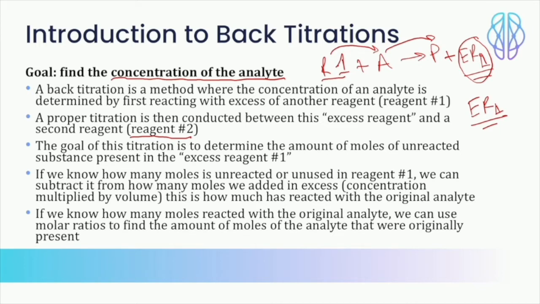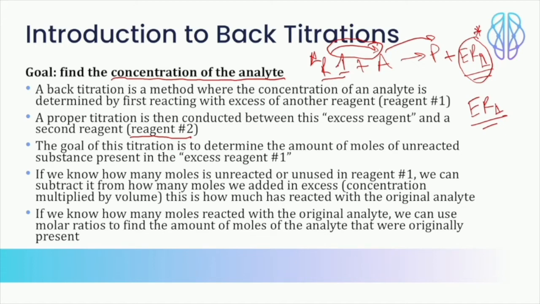So if you know this, we know how much we added. So if we know how much is in excess and we know how much we added, we know how much was used to react with the analyte right here.